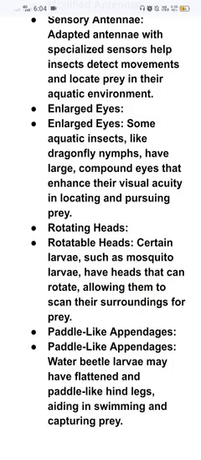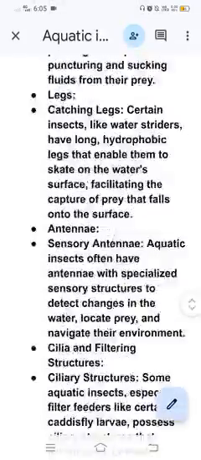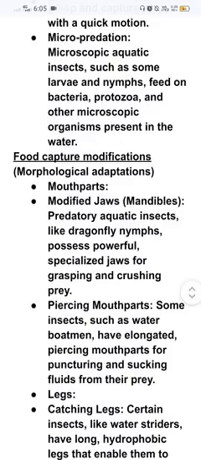Certain larvae, such as mosquito larvae, have heads that can rotate, allowing them to scan their surroundings for prey. Then paddle-like appendages. Water beetle larvae may have flattened and paddle-like hind legs, aiding in swimming and capturing prey. Paddle-like appendages.